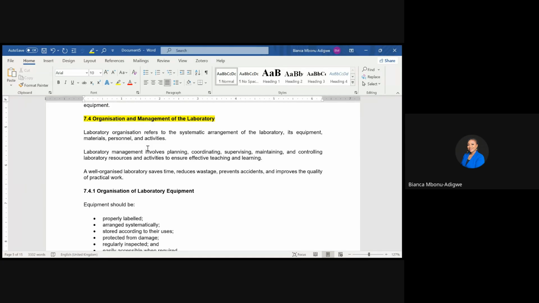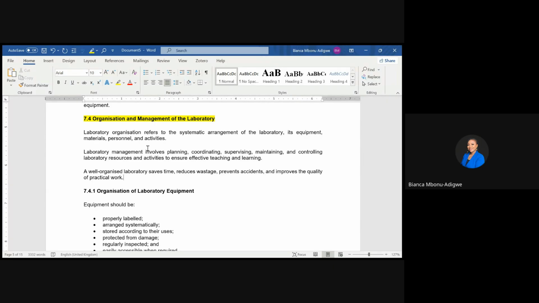It is just the systematic arrangement of the laboratory, its equipment, the materials, the personnel, and the activities. Lab organization refers to the systematic arrangement of the laboratory, its equipment, materials, personnel, and activities. Systematic means orderly.